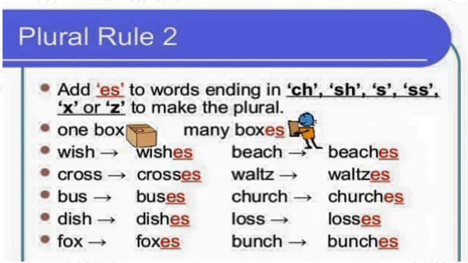So, we can add es to pluralize it. Then, it becomes boxes. Like that, there is a list of nouns that end with the above mentioned letters. So, we can pluralize them by adding es to the end of the word.